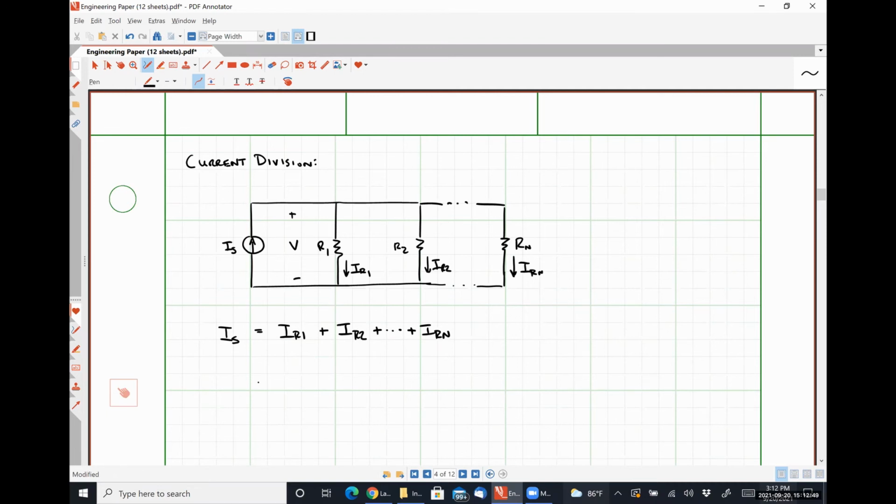And we could use Ohm's law to express all of those currents in terms of that common voltage V. So that would look like V multiplied by 1 over R1 plus 1 over R2 plus 1 over R sub N. If I stopped here and took V over I, this is how we got the equivalent resistance for combining resistors in parallel, right? So instead, I'm going to figure out what my voltage V is.